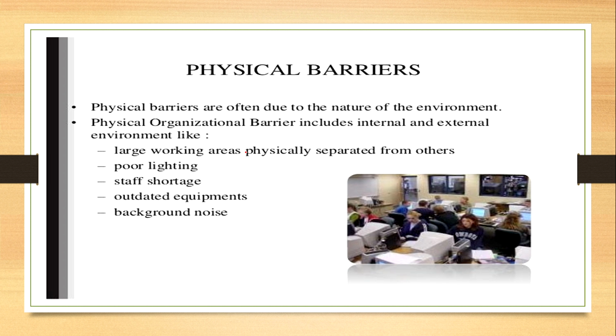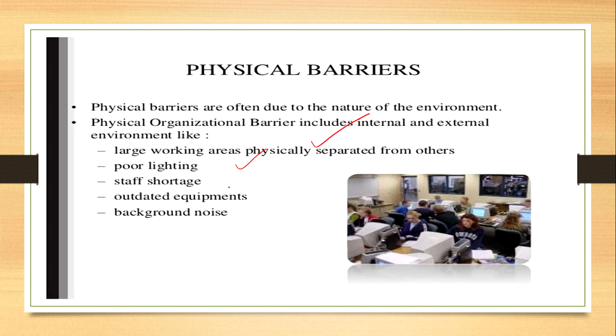Physical barriers are often due to the nature of the environment. Physical organizational barrier includes internal and external environment, like a large working area, physically separated from others, poor lighting. If lighting is not good then visibility becomes less.